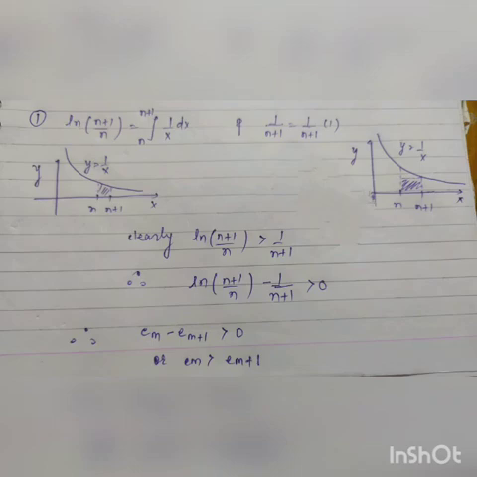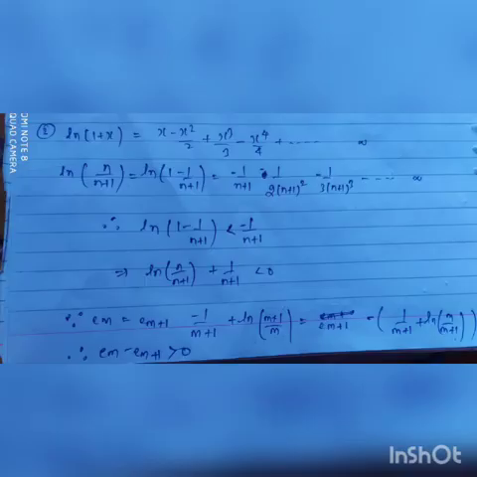In the second method, we will use the Maclaurin series as our fundamental theorem to explain the result. The Maclaurin series says that ln of 1 plus x is equal to x minus x squared over 2 plus x cubed over 3 minus x to the power 4 over 4 and so on up to infinity.